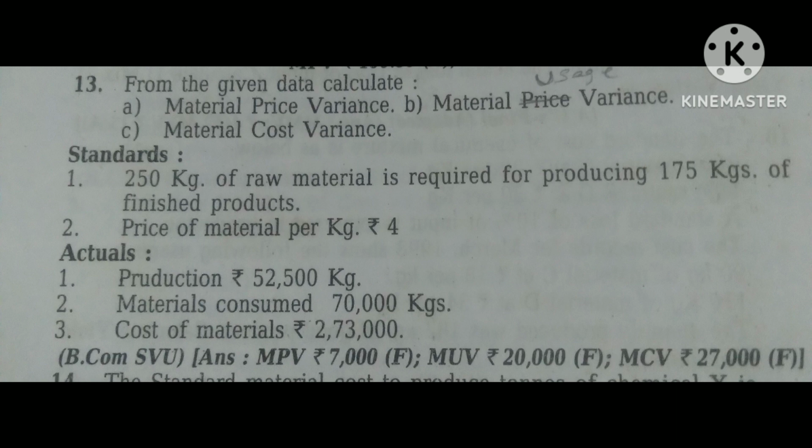For actual, production is 52,500 kg, material consumed is 70,000 kgs, and cost of material is 2,73,000. So now we have to find out material price variance, material usage variance and material cost variance.